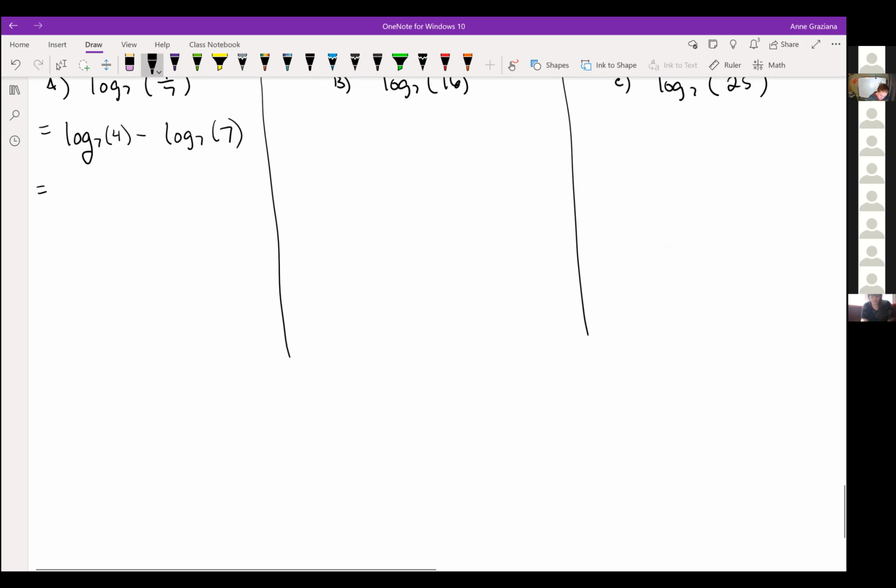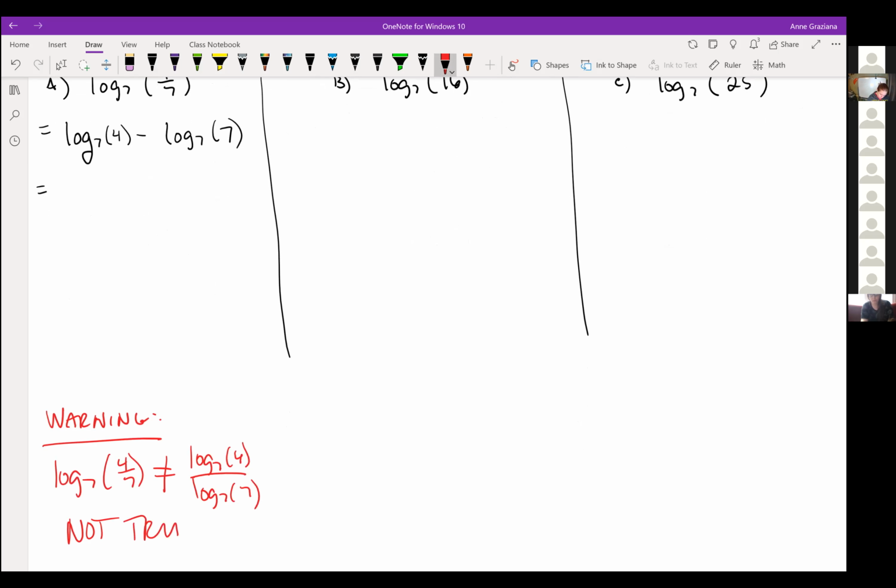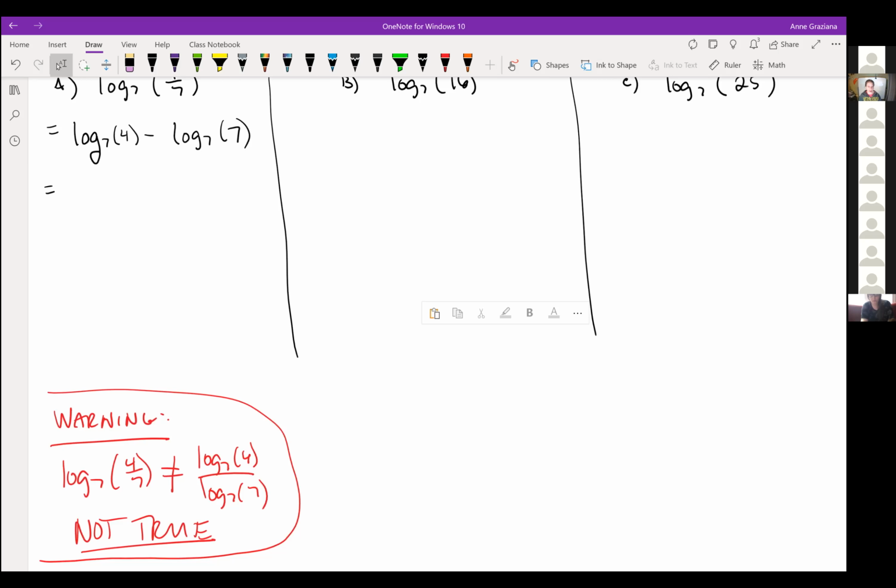Warning, in red, my warnings always go in red: log base 7 of 4/7 is not log base 7 of 4 over log base 7 of 7. Not true. So you can't just say, oh, I can do this. No, you cannot. You have to use your properties. That is not a true property.